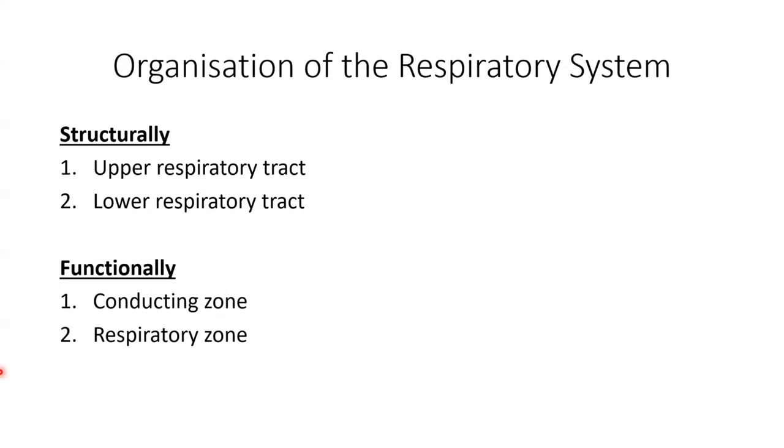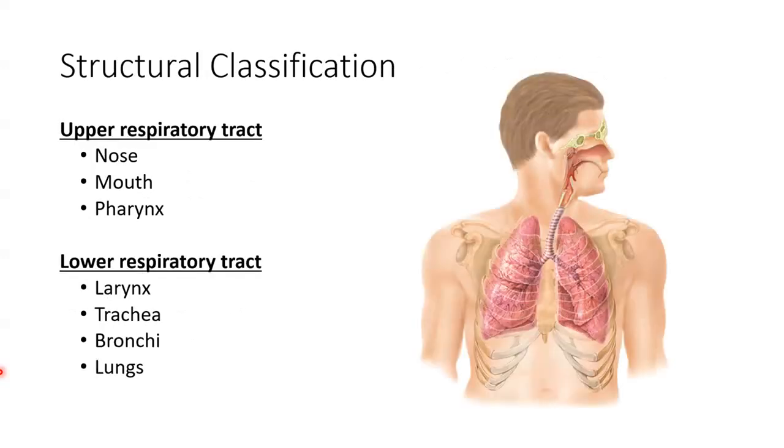Now, when we look at the respiratory system as a whole and all of the structures that make up the respiratory system, we can classify these in 2 ways. Structurally, based on simply the location of each of the structures or the organs, or functionally, based on what each of these structures does. Considering the structural classification first, we have the upper respiratory tract and the lower respiratory tract.